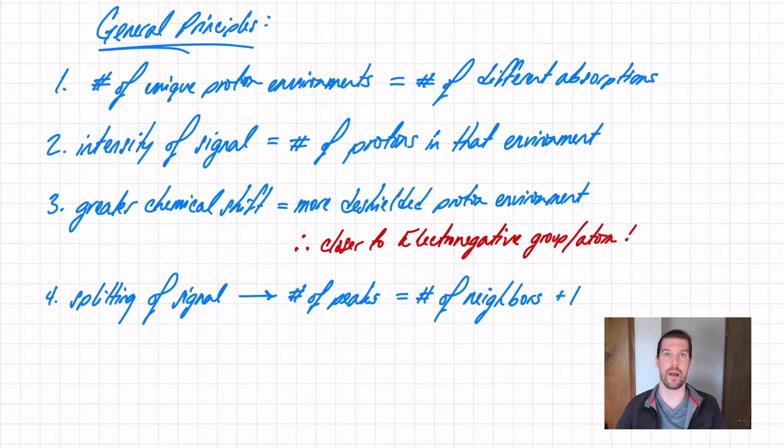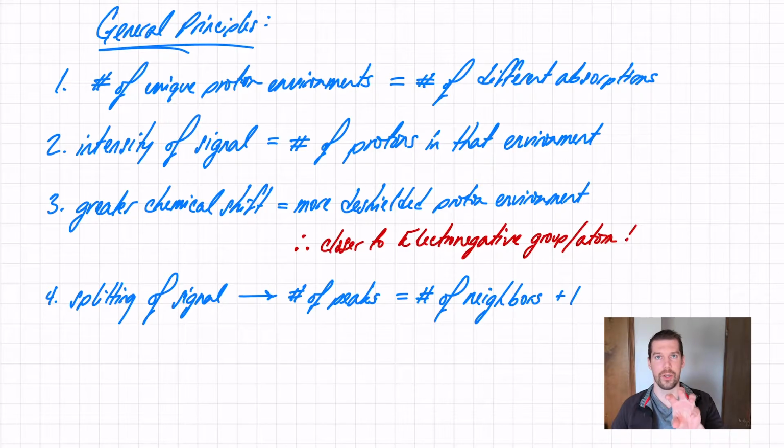Something that is next to an alcohol is like 2 to 5 or 3 to 4, somewhere in there. So that can give you an indication of which functional group that proton environment is closer to.